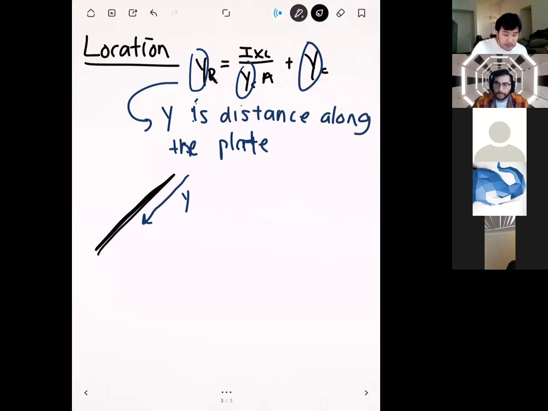And so we have three basic variables in this formula. So we have YC. Okay. So YC is basically the length along the plate that gets you to the centroid.